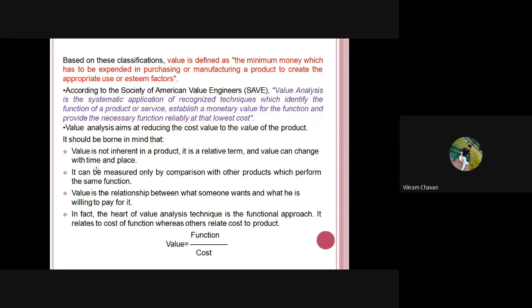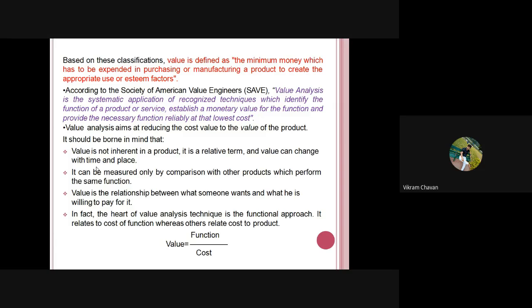So the minimum money needed to buy that particular product, plus the appearance of the product, which is the esteem factor. How much minimum money one has to pay, that is nothing but the value.